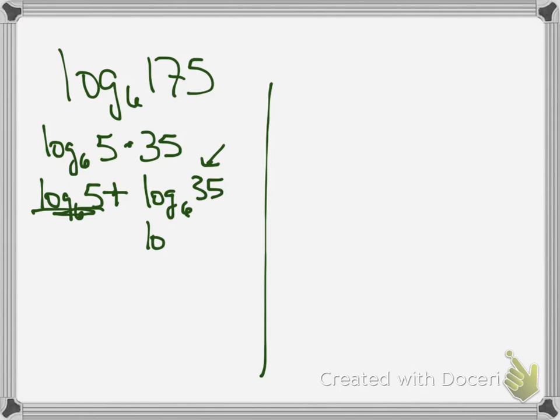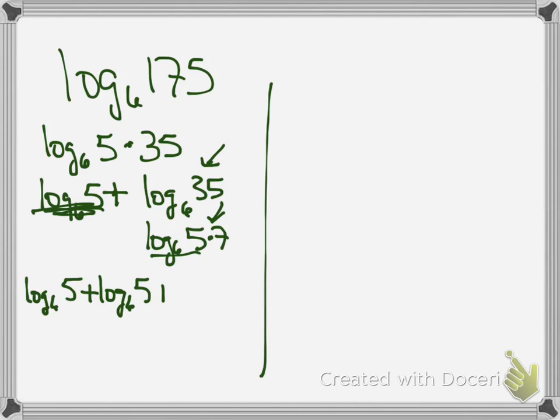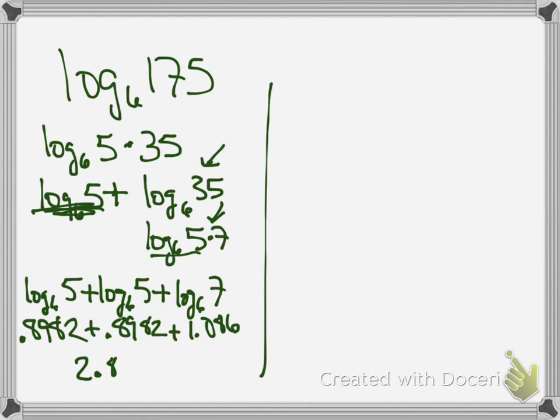Well, what goes into 35? How about another 5 and a 7? So now I can split these two up and put a plus in between them. So now I would have log base 6 of 5 plus another log base 6 of 5 plus log base 6 of 7. Then you can put the decimals in, add them all up, and get your answer.